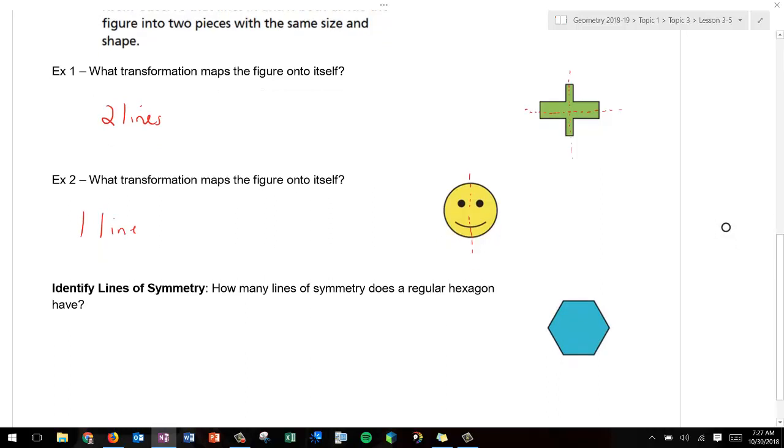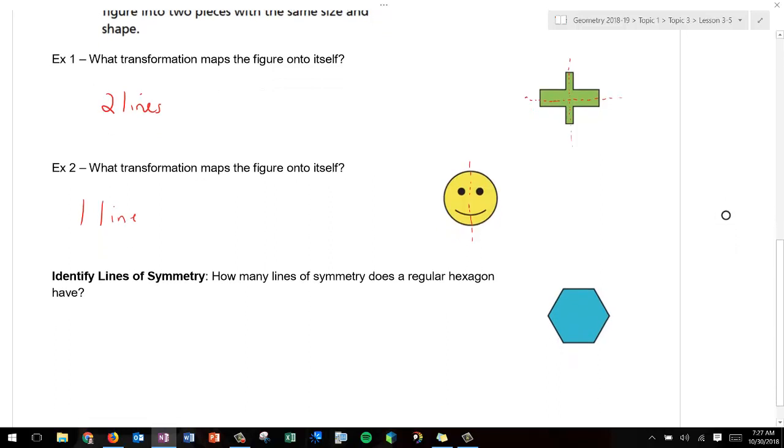So if we look at this hexagon, how many lines of symmetry does it have? I can draw right down the middle through the middle of each side of my hexagon, and it's going to work. I can also draw a line through each set of vertices, those corner points.